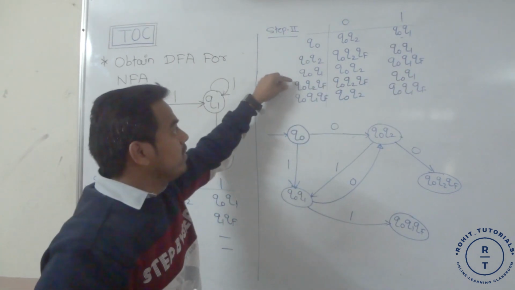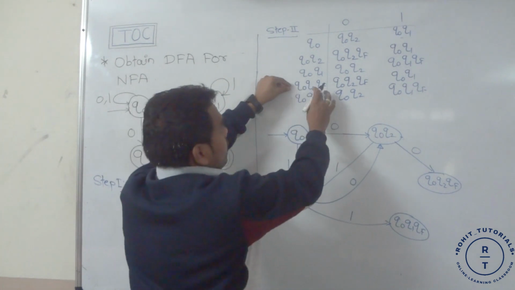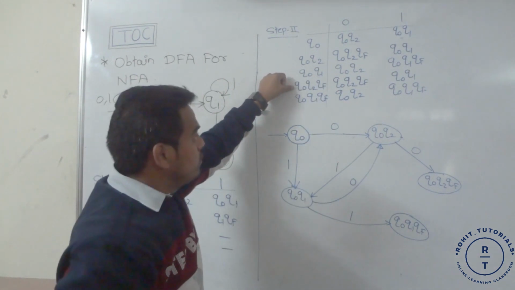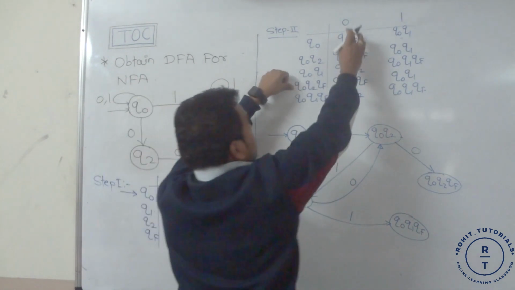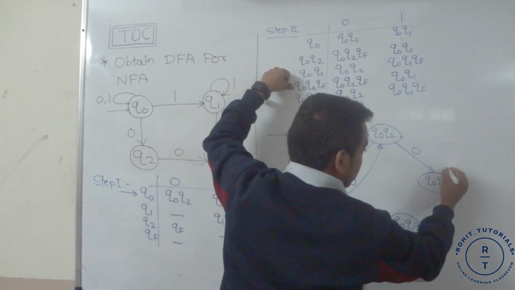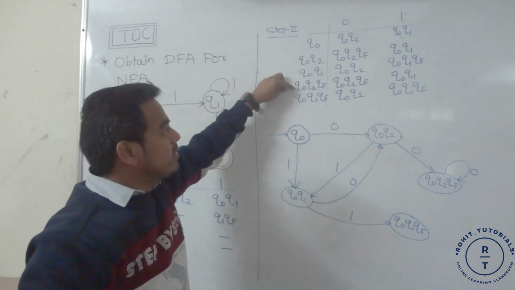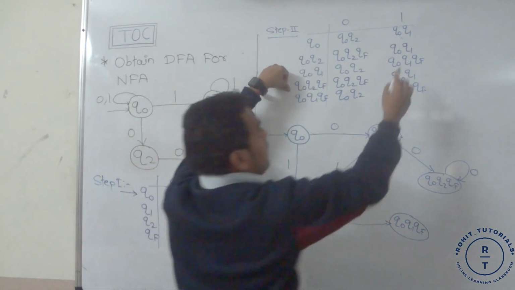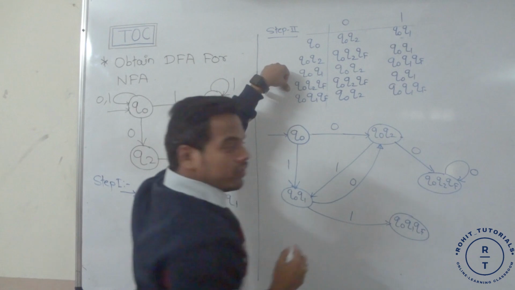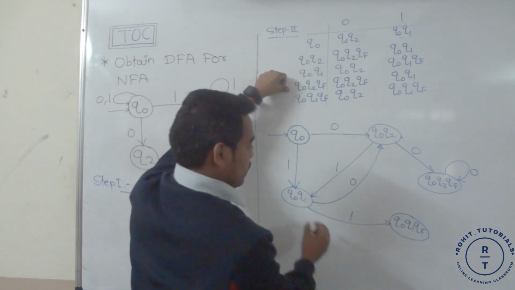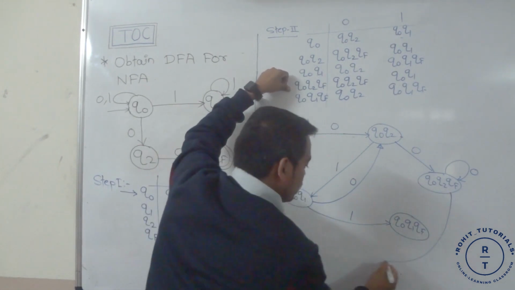Now next is Q0, Q2, Qf. When 0 occurs, the self loop is present. When 1 occurs, it goes to Q0, Q1.